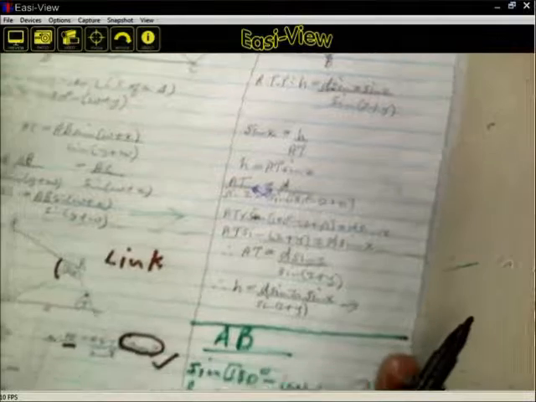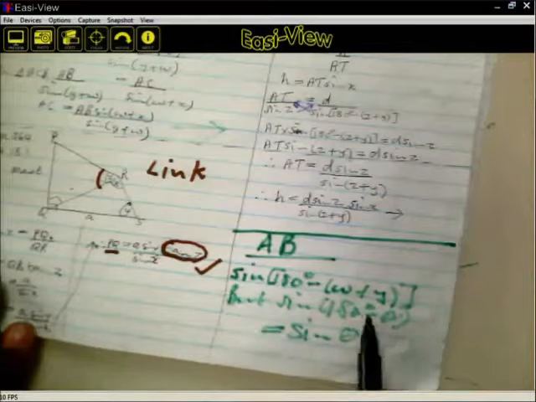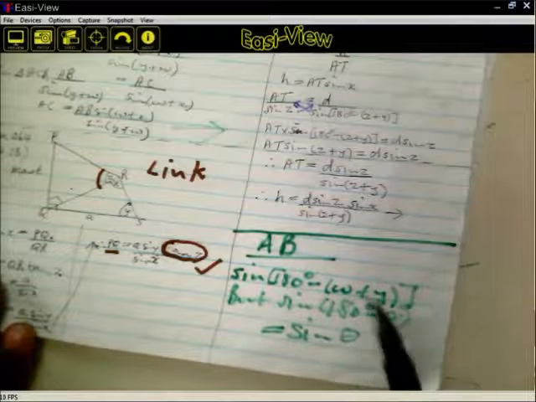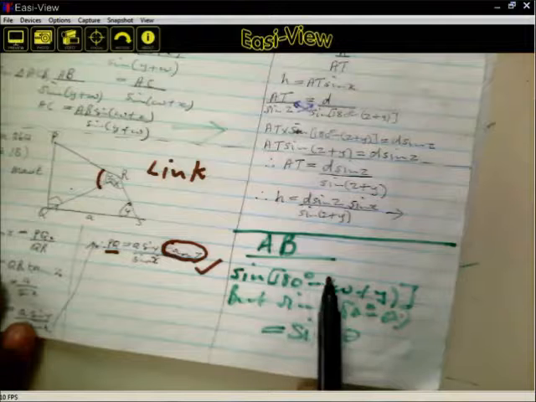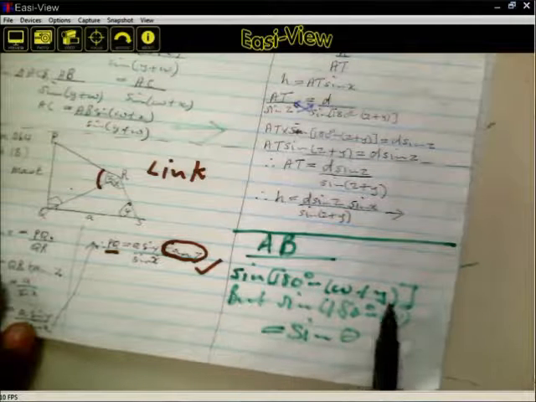But, like I indicated here, the sine of 180 minus theta is equal to the sine of theta. The sine of 180 minus z plus y is equal to the sine of z plus y.